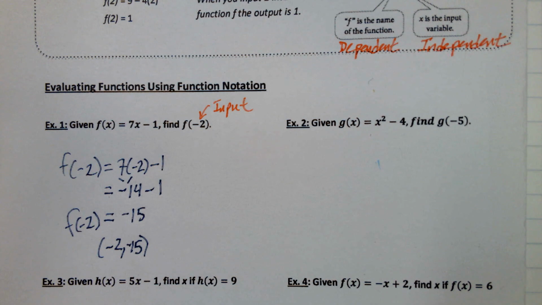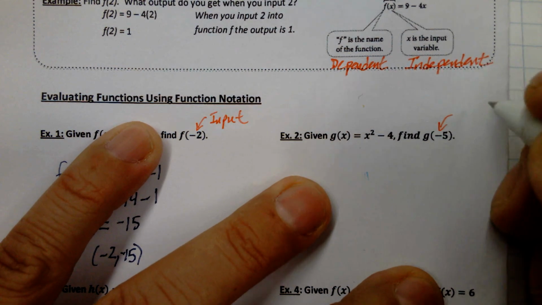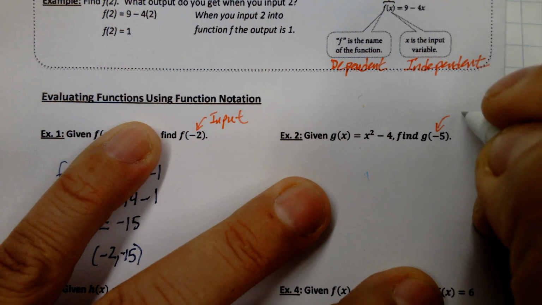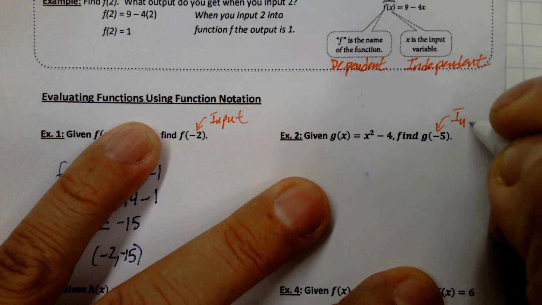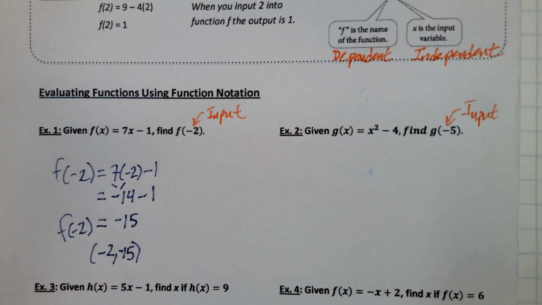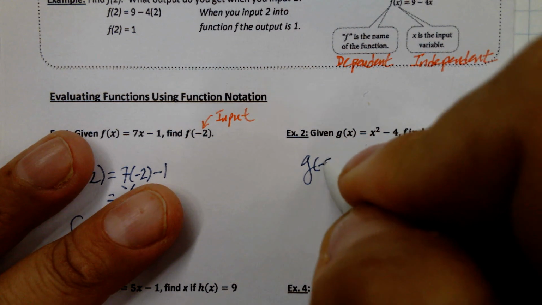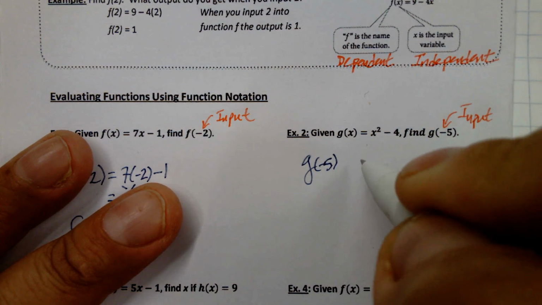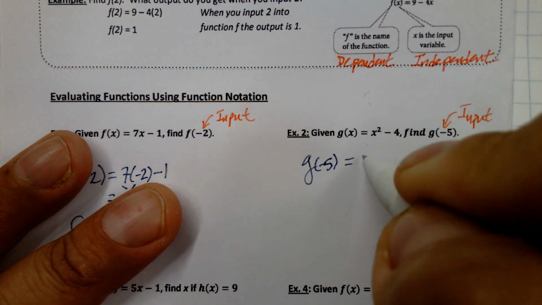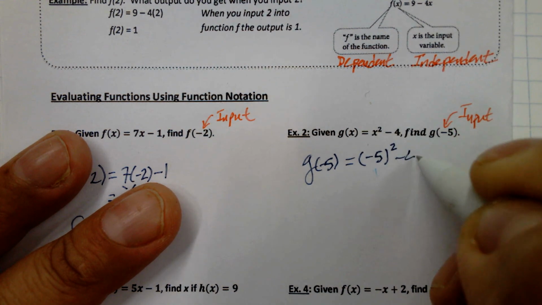All right, so let's try the second example. What's our input here? Negative 5, okay. So this is our input. And so let's work it out this time. We want g of negative 5. And so it's going to be negative 5 squared take away 4.